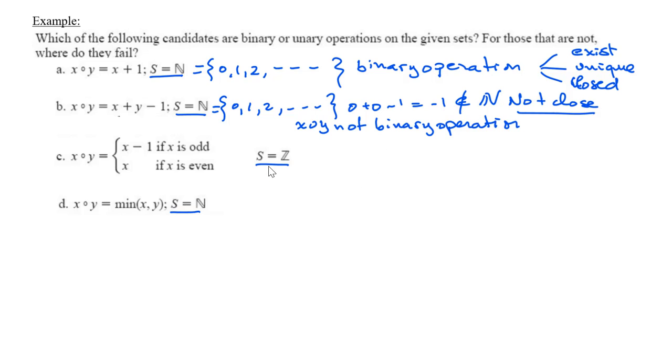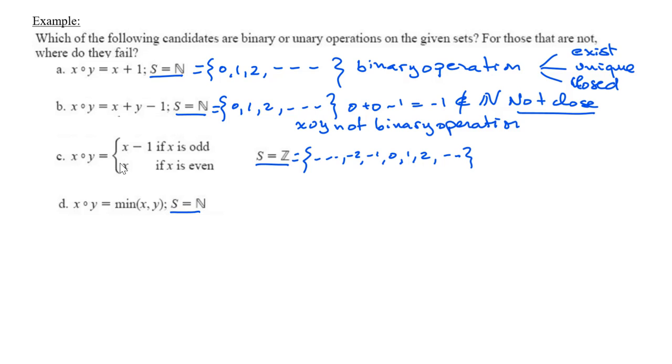Let's see this one here. Is this a binary or not? Okay, so my operation is defined as follows. So if x is odd, again I'm picking from Z, and Z can be any number like minus 2, minus 1, 0, 1, and 2, and so on. So you pick an integer, and then if it is odd, like 1, then it becomes x minus 1. If it is even, just x.